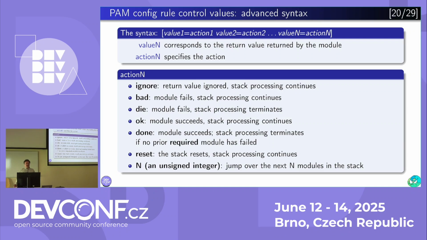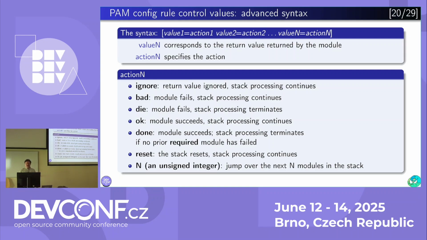Like there is ignore, to ignore the return value, bad to fail the module, die to fail the module and stop processing, OK to succeed and continue processing, and done to succeed and stop processing.